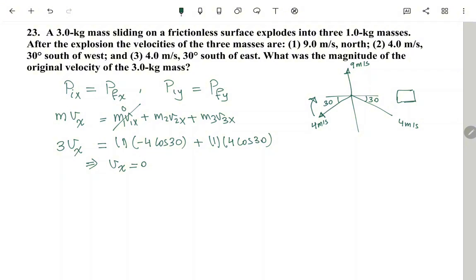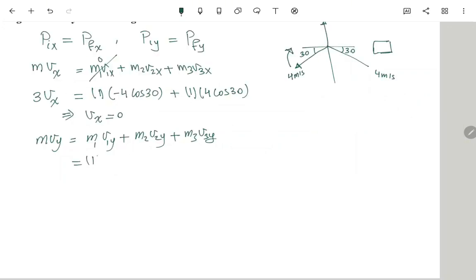Now let's follow the same procedure for the y component of the speed, which is M Vy equal to M1 V1y plus M2 V2y plus M3 V3y. You substitute M1, which is 1 times V1y 9, plus 1 times minus 4 sine 30, plus 1 times minus 4 sine 30, because the y component for this one here is negative, and the y component for this one here is negative as well.